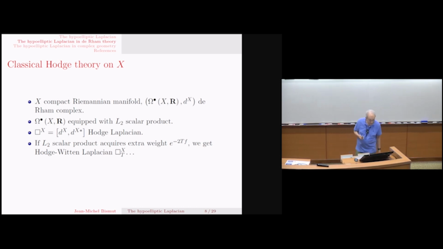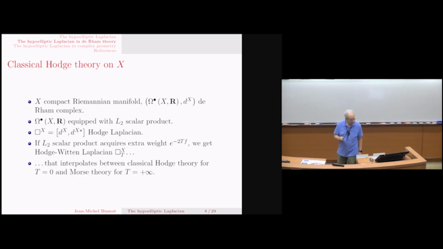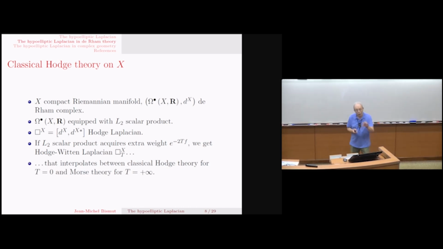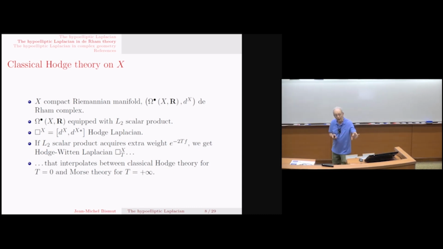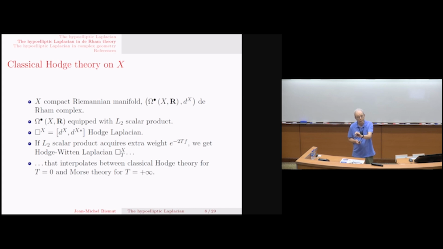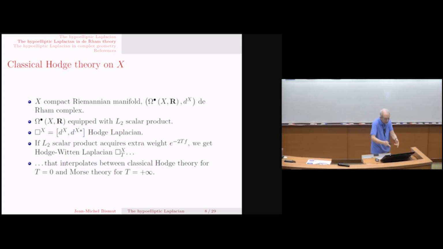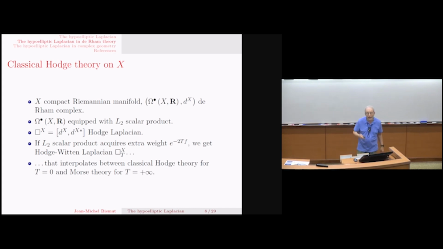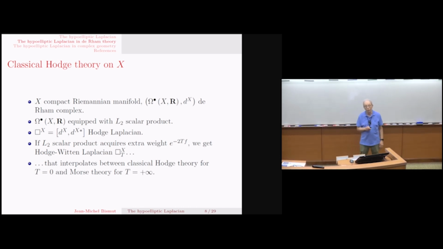And this deformation was considered by Witten as a method to interpolate between classical Hodge theory for t equals 0, and when t tends to infinity, what you can show is that the theory in the proper sense localizes on the critical points of the function. So actually Witten used that to give an interpolation between Hodge theory and Morse theory. So in some sense, the parameter b will play a role analogous to the parameter t.